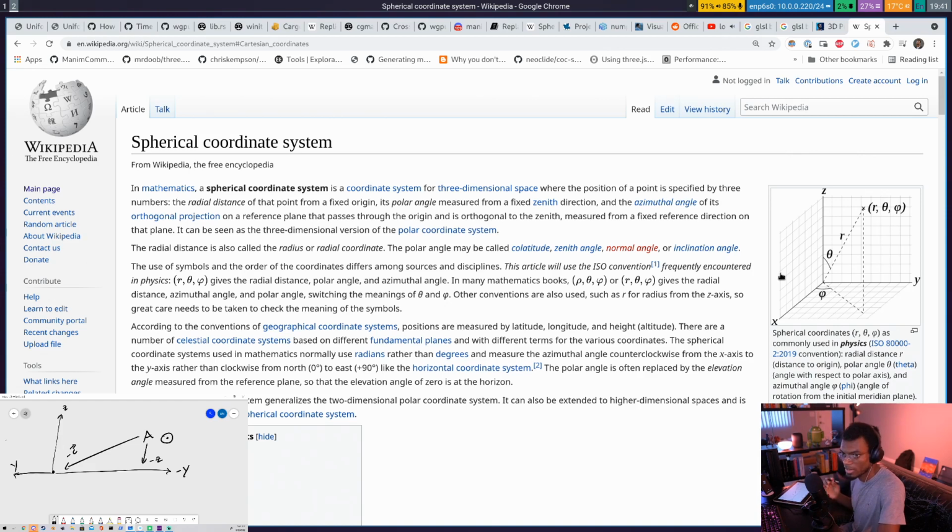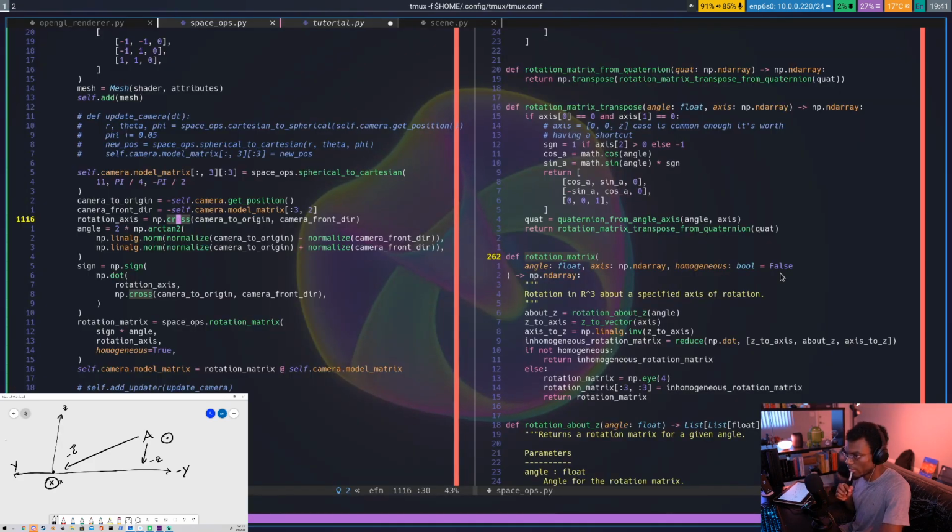When you cross x and y, you have to get z, which means the x-axis here would have to be going into the page. That's the x-axis. So when I cross the camera to origin vector and the camera front direction vector, I expect to get something in the negative x direction.